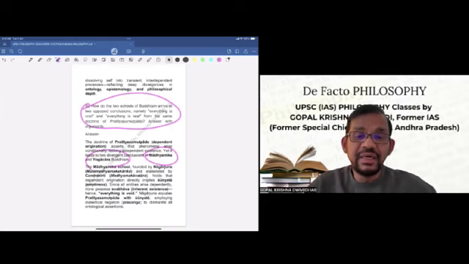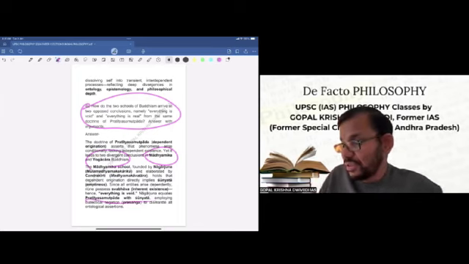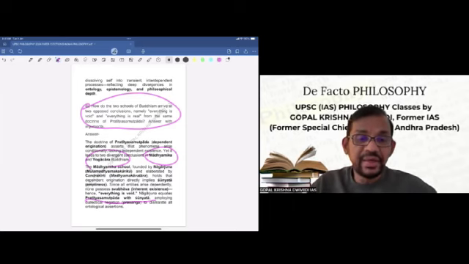Since all entities arise dependently, none possess Svabhava, that is inherent existence. Hence, everything is void. Nagarjuna equates Pratityasamutpada with Sunyata, employing dialectical negation, that is prasanga, to dismantle all ontological assertions.